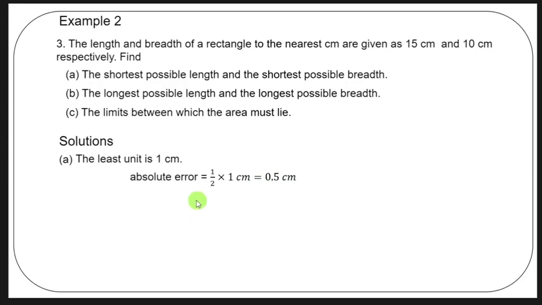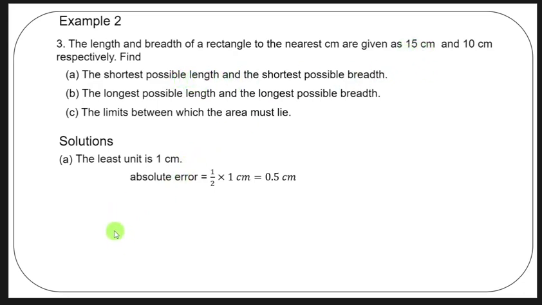That would be the absolute error. Then now we would want to find the shortest possible length. So here, if they are saying the shortest possible length, it is as good as saying the lower limit or the lower bound of length, the lowest they can go for the length in terms of measurement to be closer to 15.